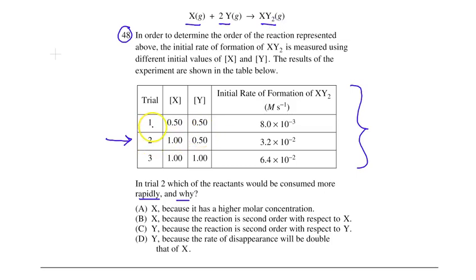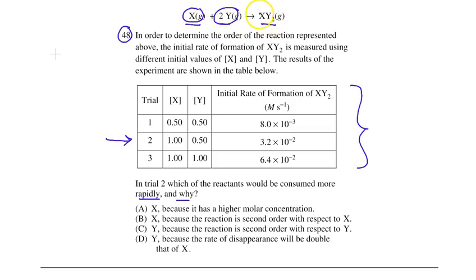Well, whether it's trial 2, 1, or 3, look at the stoichiometric coefficients here. There's 1 to 2. So the rate of formation of this guy is equal to twice the disappearance of Y, or 1 times the disappearance of X. I'll say that again. Look at the stoichiometric coefficients.